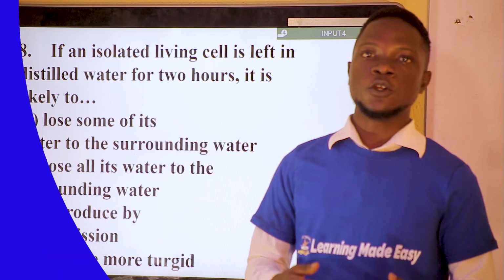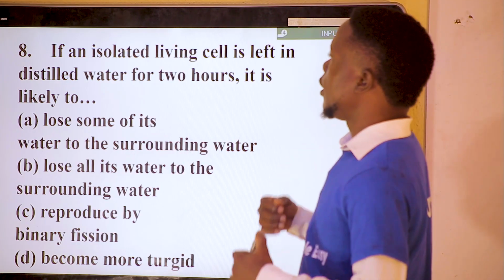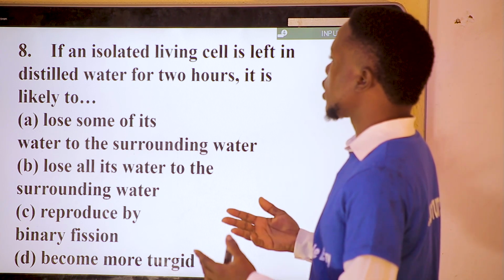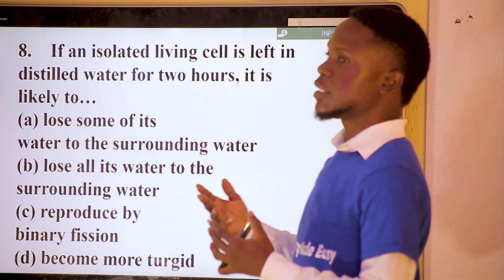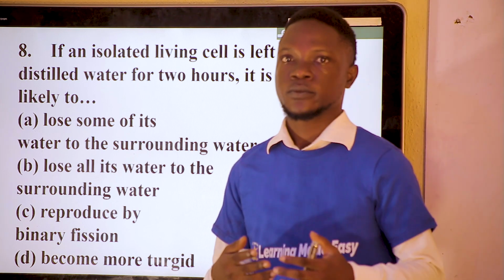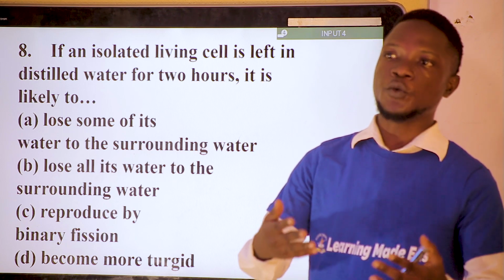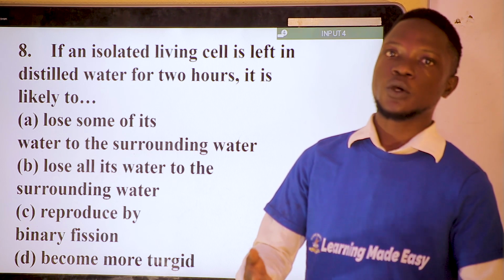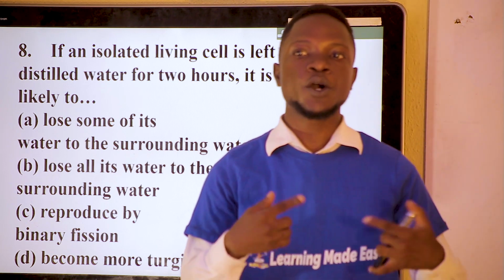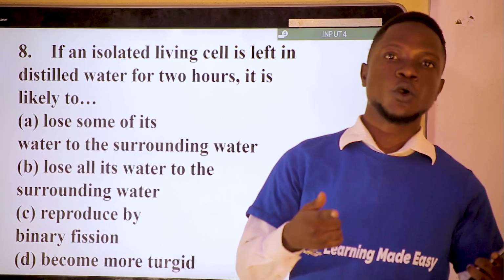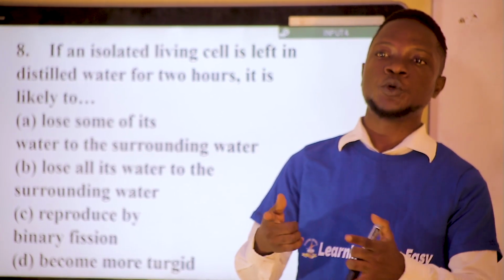Next question. Question number 8. If an isolated living cell is left in distilled water for 2 hours, it is likely to... So if a living cell is left in distilled water, what happens is that the cell has a hypertonic medium compared to the distilled water, which is hypotonic.